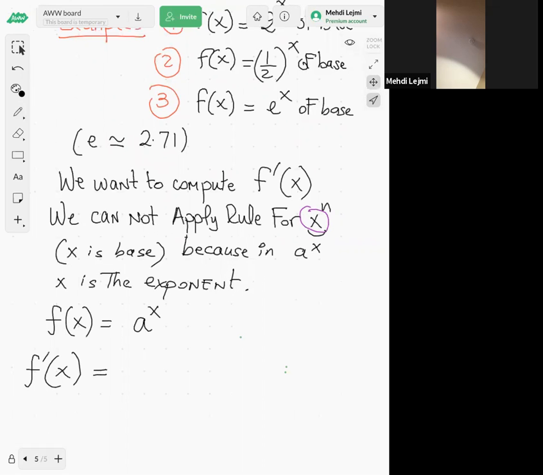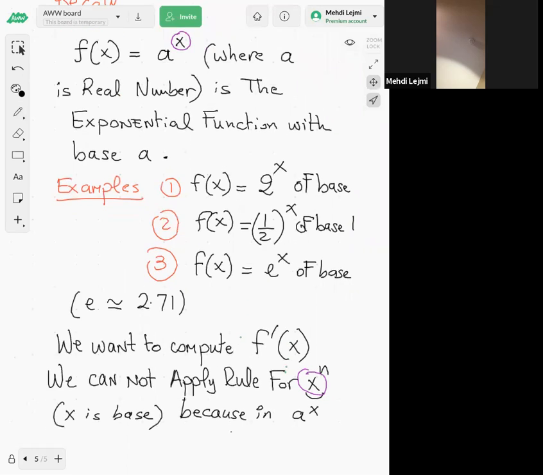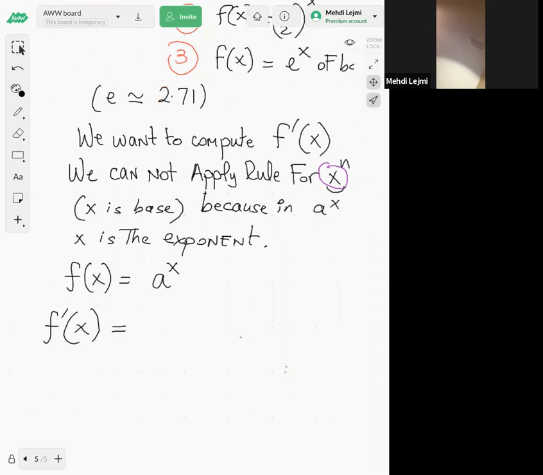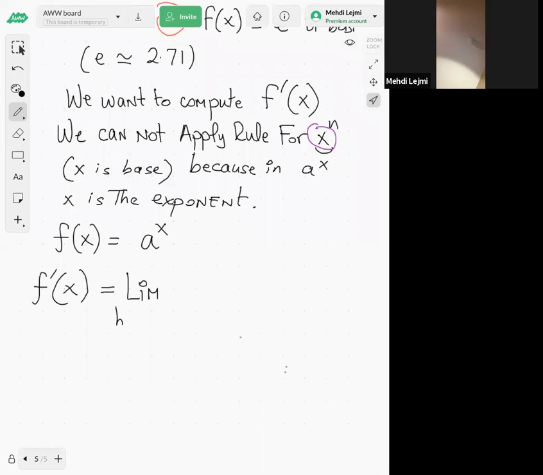We have to use the limit definition of the derivative. So I remind you the limit definition: limit h going to 0 of f of x plus h minus f of x over h. That's the definition of the derivative.